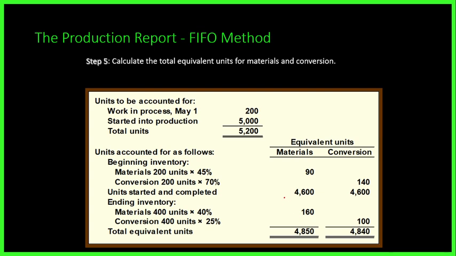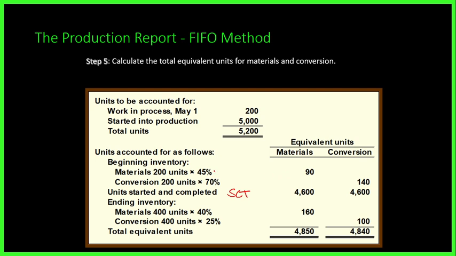This time you have 4,600, which is your started and completed, the one we computed in the last slide: started, completed, and transferred, that's 5,000 minus 400. This is the percentage of your inventory.